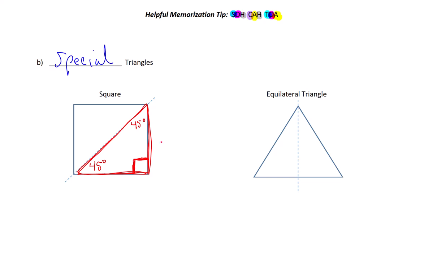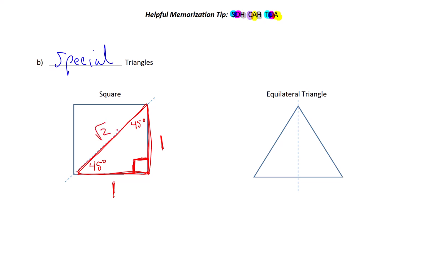So if each of those side lengths that are across from the 45-degree angles, meeting at the right angle of this triangle, is labeled as 1 for a unit measure of 1, then it turns out the hypotenuse, which would be across from the right angle, will always be the square root of 2.